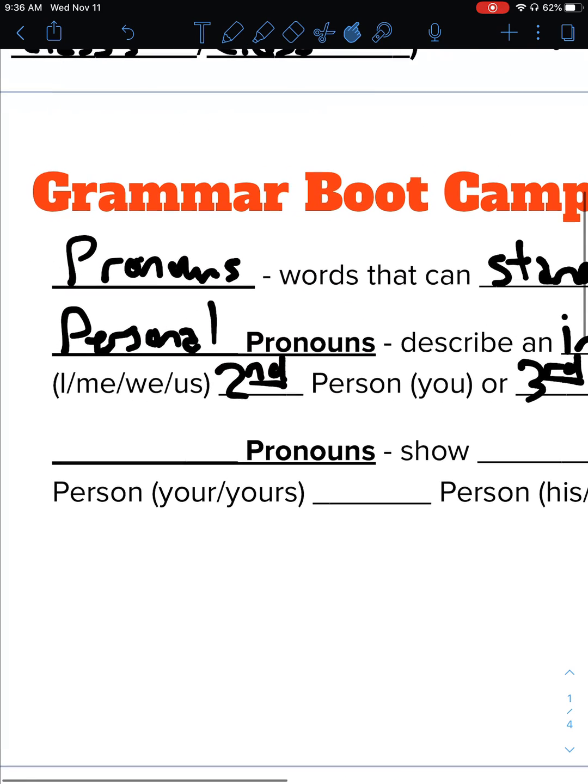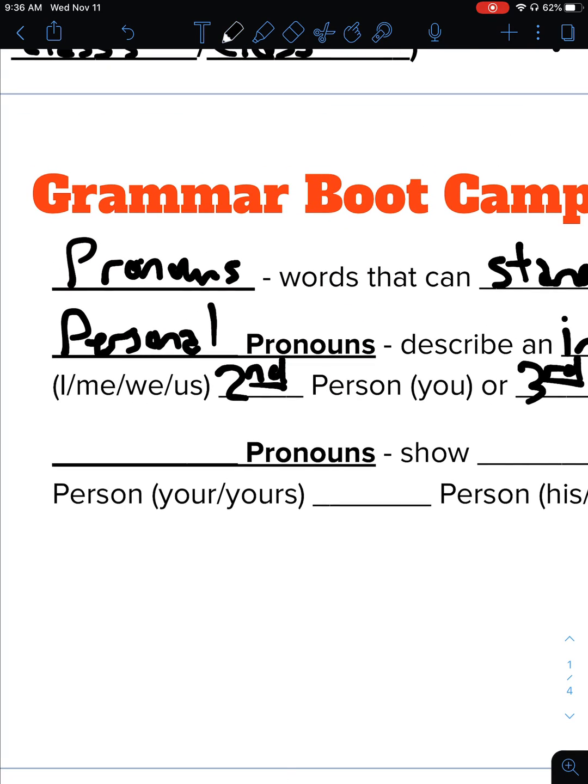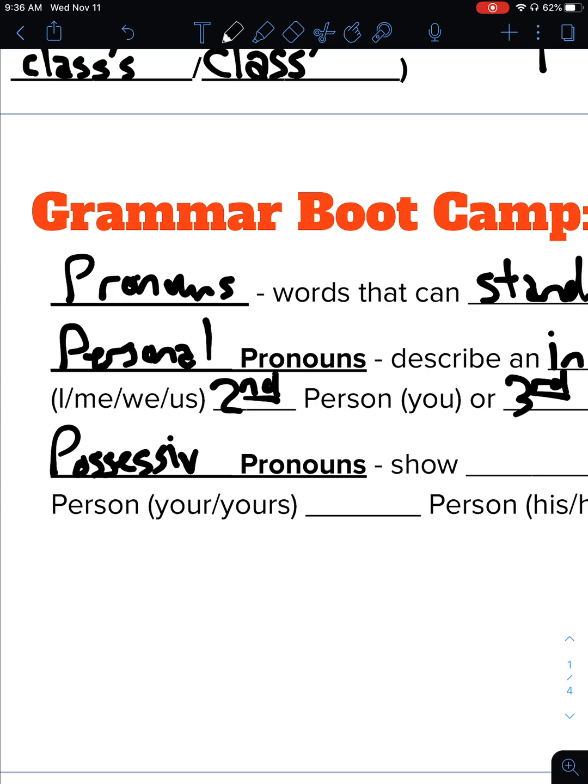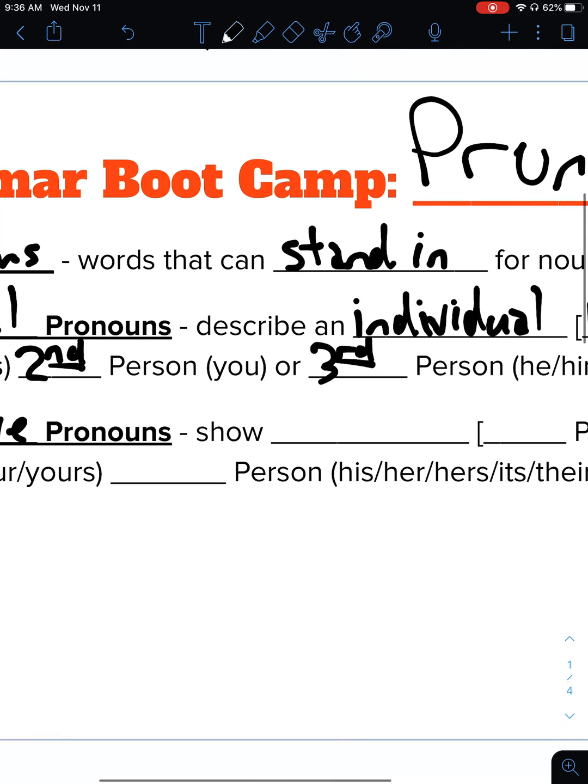And then we have our possessive pronouns. Just like up above when we talked about possessive nouns, possessive pronouns show ownership. And again, we have first person.